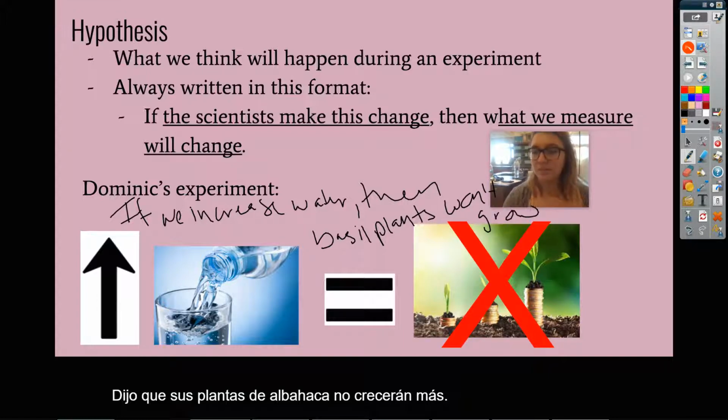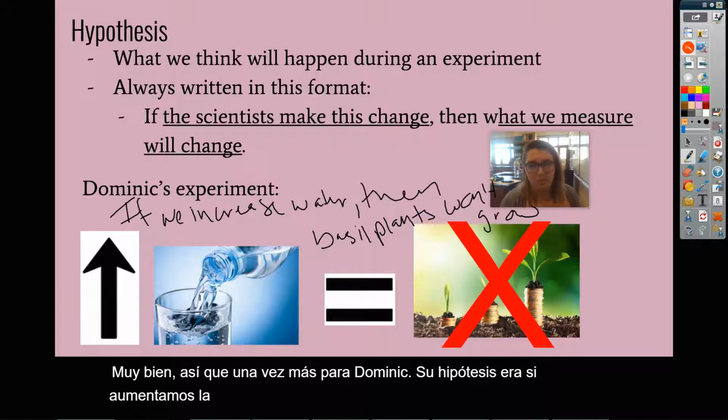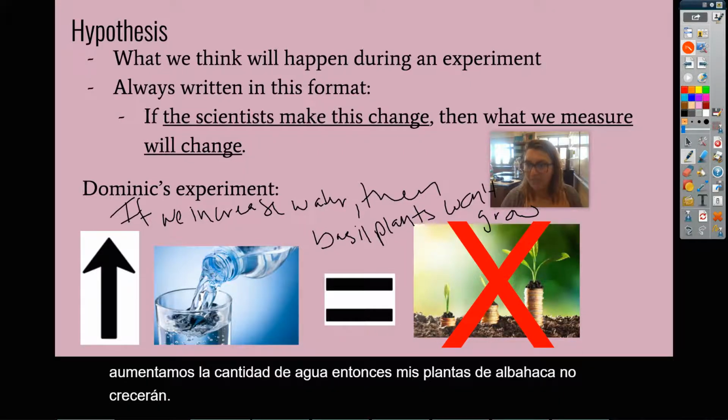All right, so one more time. For Dominic, his hypothesis was if we increase the amount of water, then my basil plants won't grow. That was his hypothesis.